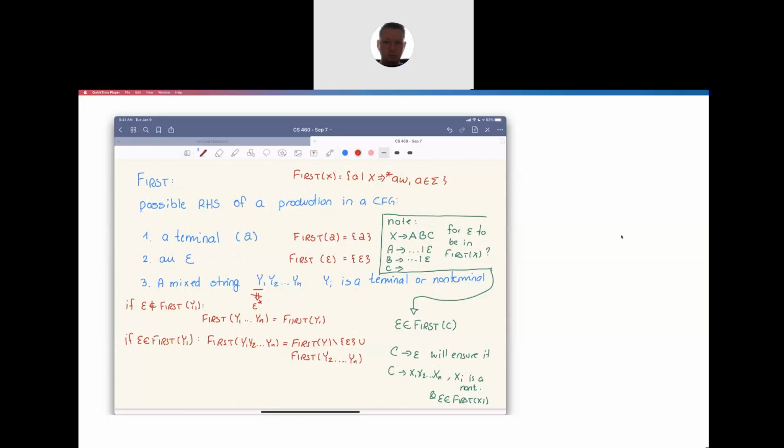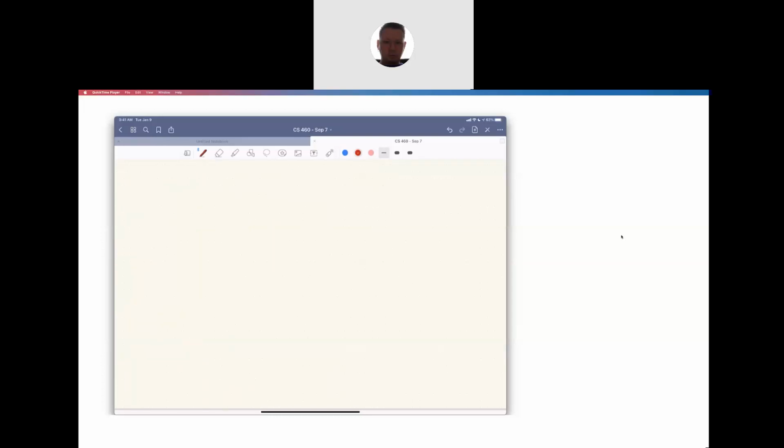Now we can play the same role over and over and over. So for y1, y2 dot dot dot yn, we can definitely say that the first of y1 without epsilon is a subset of the first of y1 dot dot dot yn.